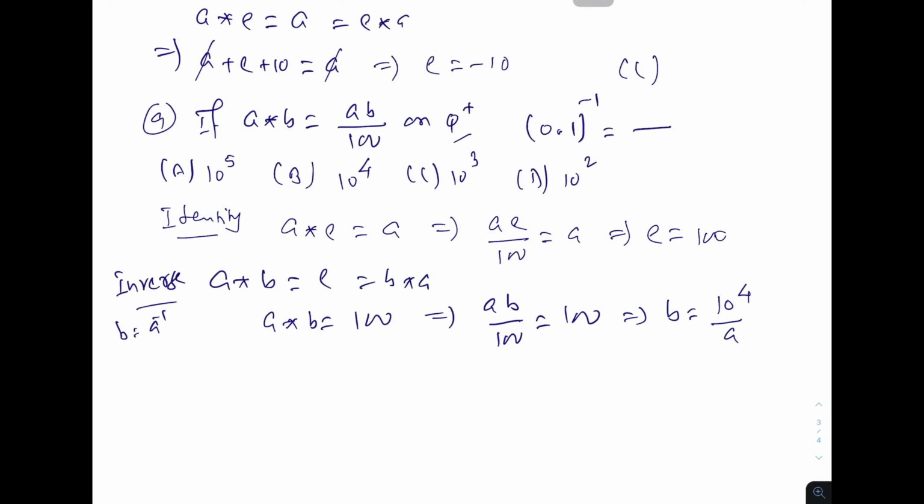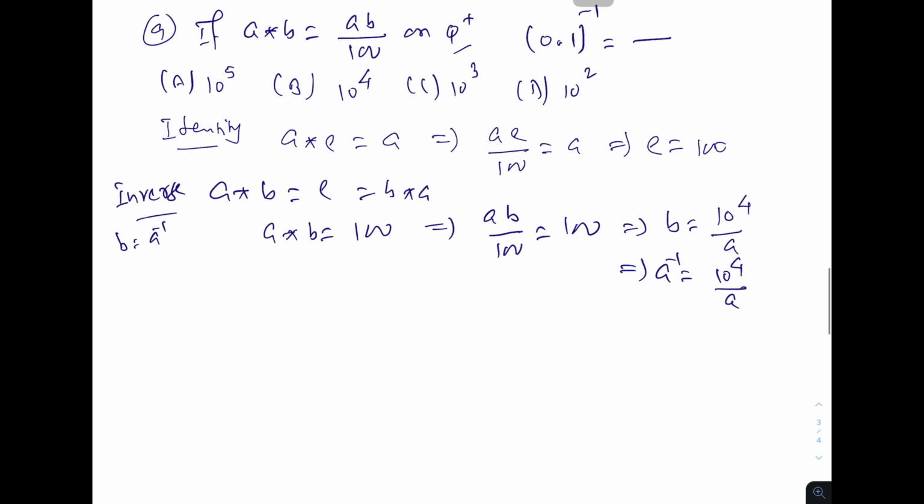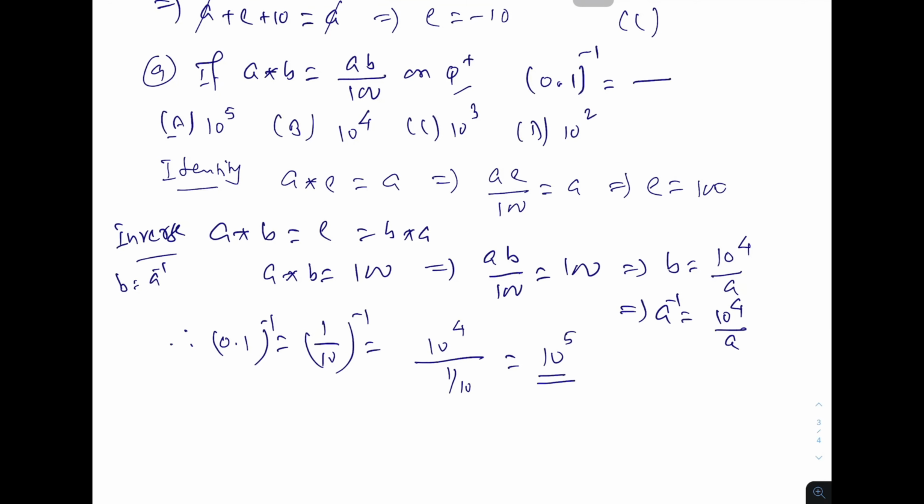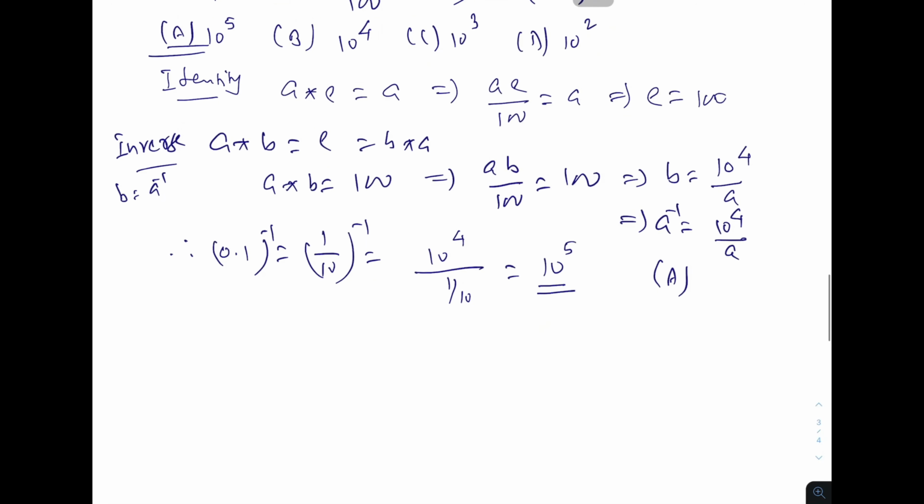So A inverse equal to 10 power 4 by A. Now we want 0.1 inverse. So therefore 0.1 inverse, that means 1 by 10 inverse equal to 10 power 4 upon 1 by 10, and so that is nothing but 10 power 5. So the answer is 10 power 5.